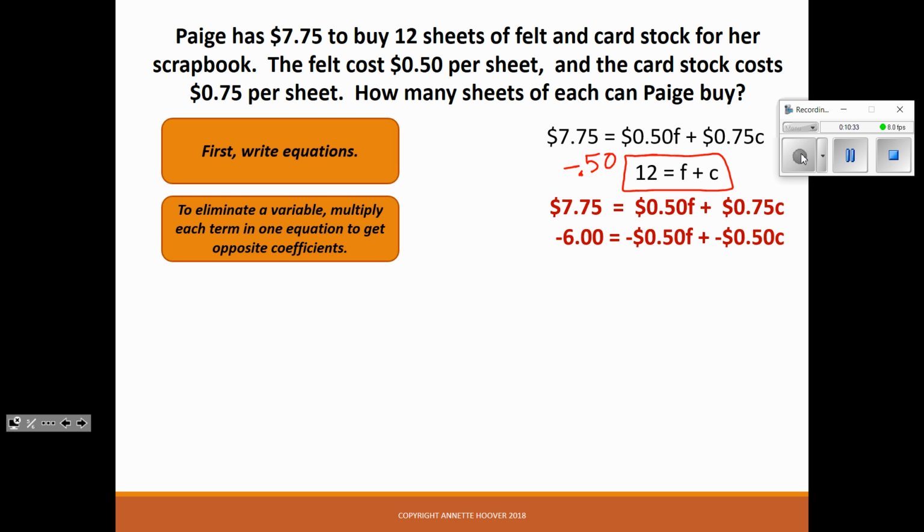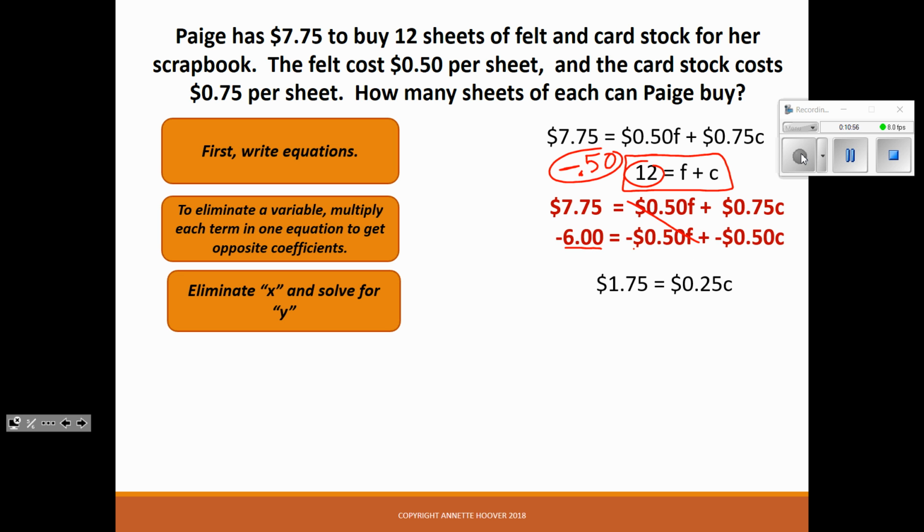When I multiply this times 12, I get a negative $6. When I multiply it times F and C, I get both negative 50 cents and negative 50 cents. And what I did there was create my opposite coefficients with the felt pieces. I have a positive 50 cents and a negative 50 cents, so they're eliminated.